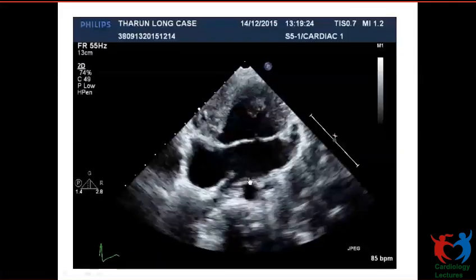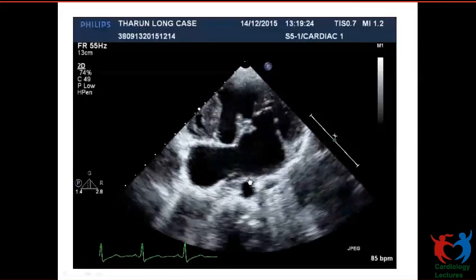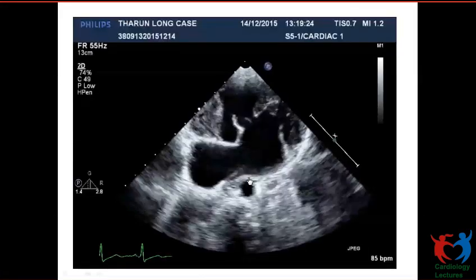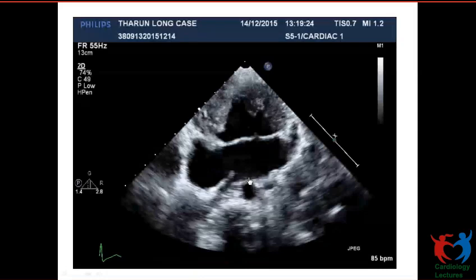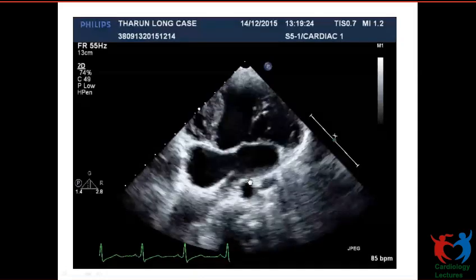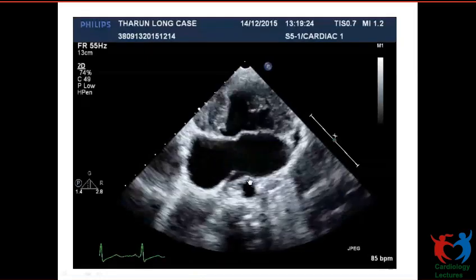The middle one is the aorta, below that is the pulmonary artery. These are some simple classical echoes which they keep.